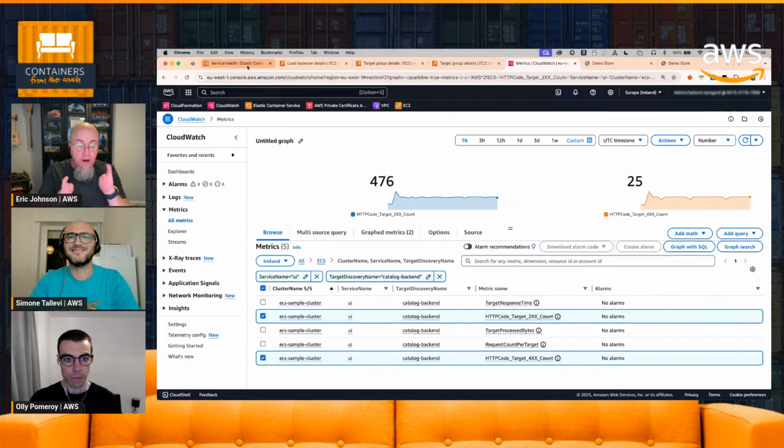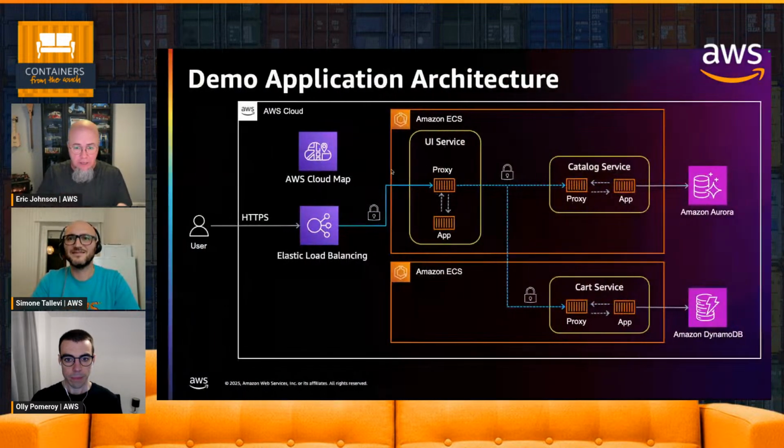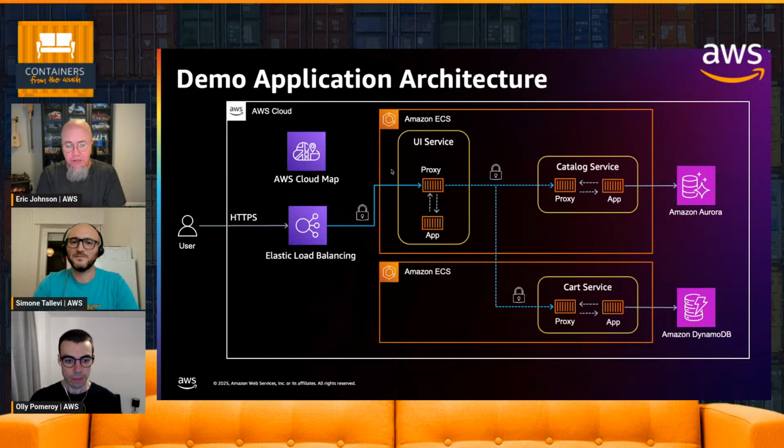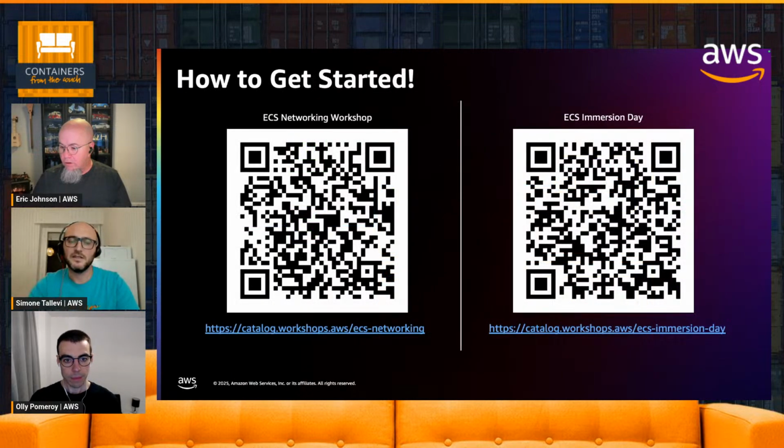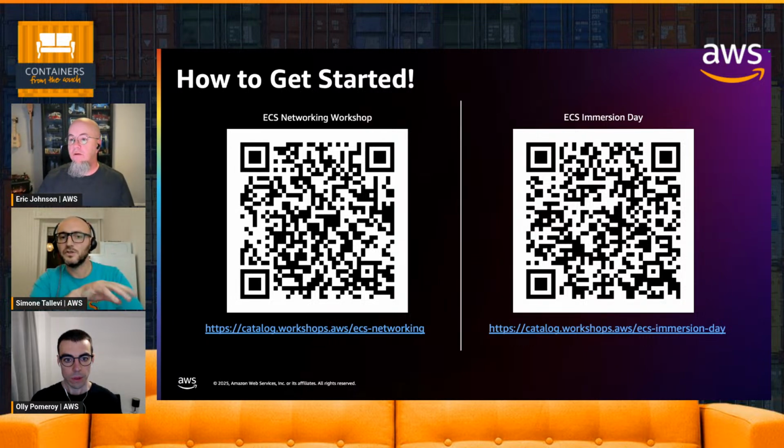So if you want to know more about this, and hopefully you do, obviously there's a lot going on here that you can do. We've got a couple of things. Talk about the workshop real quick. Yeah, many of the commands, descriptions, and information that we saw in this demo, you can find in the ECS networking workshop. Here's a QR code you can scan, and the link is below that.